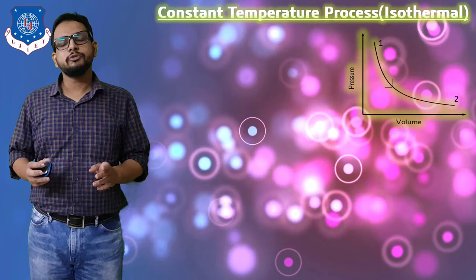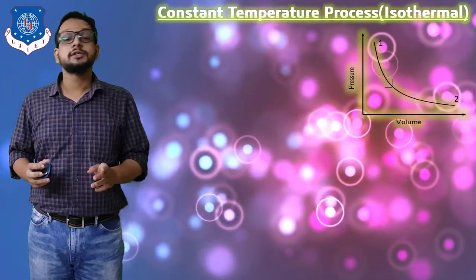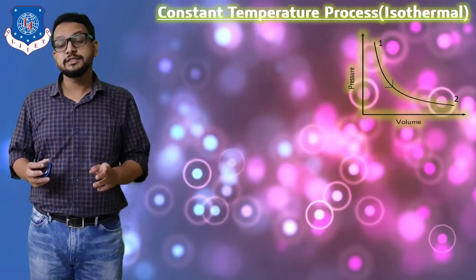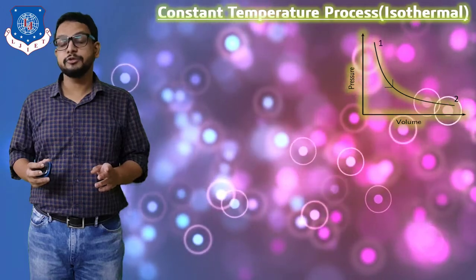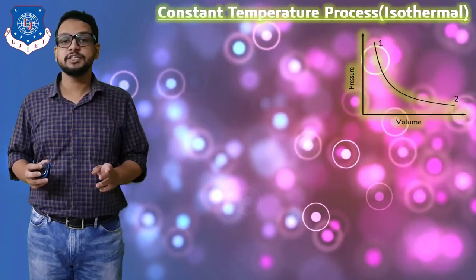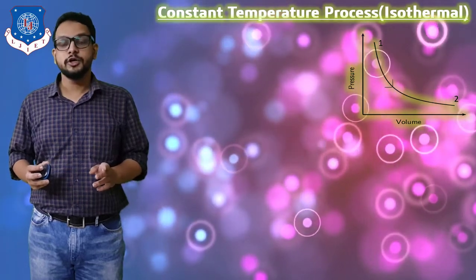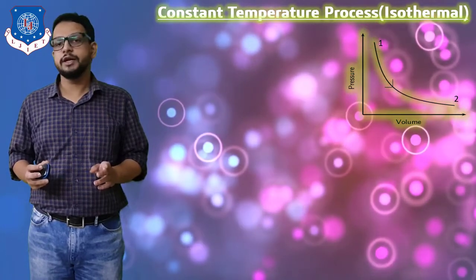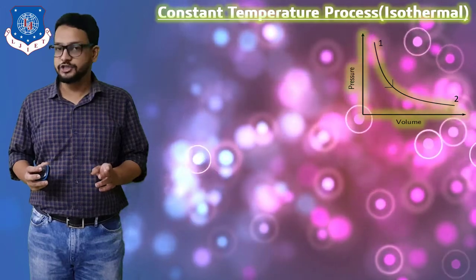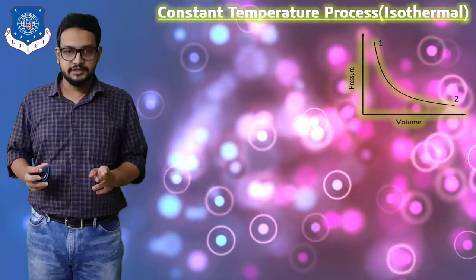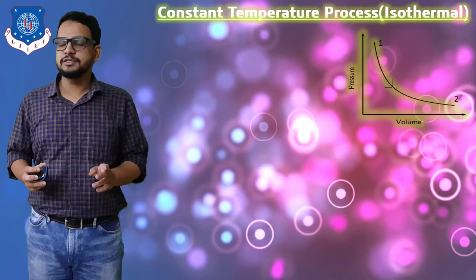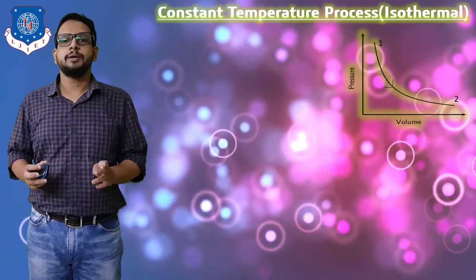It is required to push the piston at a much slower rate so that the gas gets time to reject its heat energy to the surrounding atmosphere, which means infinitely slowly we need to push the piston in a downward direction for compressing the gas. Then and only then at the final state can we achieve constant temperature.